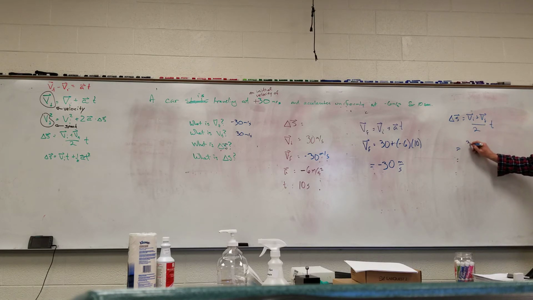So I have 30 plus negative 30 divided by 2, times 10. Zero. Finish it out: meters.